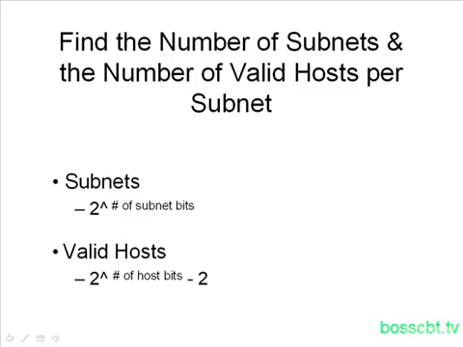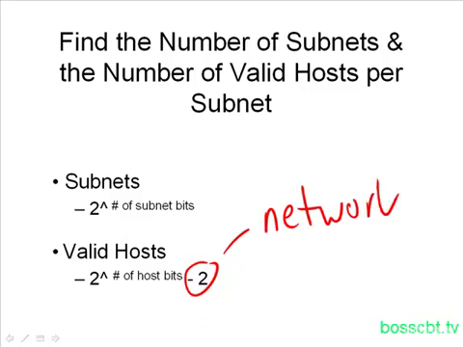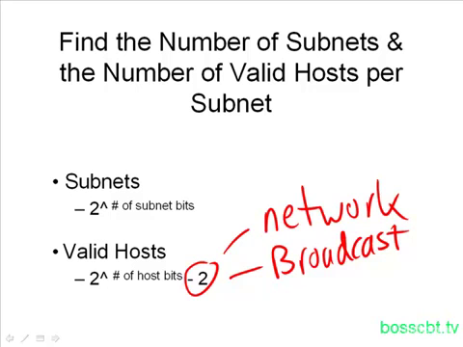And we're subtracting the minus 2 at the end here, if you remember, because we have the network number that we don't assign, and we have the broadcast address, which does not get assigned to one single host. So when we say valid hosts, we really do mean the IP addresses in a subnet that we can actually allocate to endpoints, like a computer or a router.